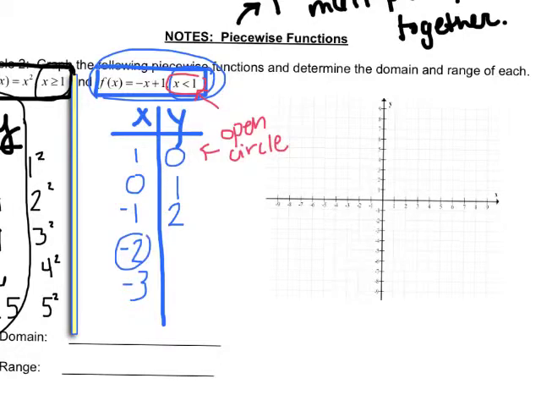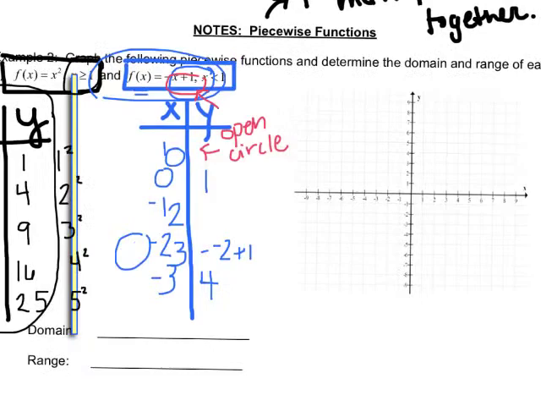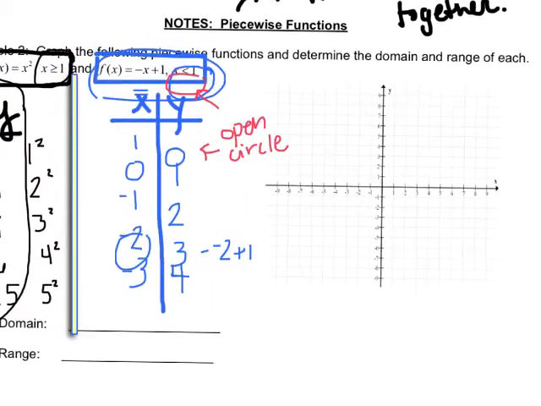So when I plug in a negative 2, I have negative negative 2 plus 1, and that's 3. So you can also kind of just see the pattern going on, 0, 1, 2, 3. If you plugged in negative 3, negative negative 3 plus 1 is 4. So if you don't get 4, I mean, the pattern just kind of leads you to that conclusion also. All right, so let's continue here.